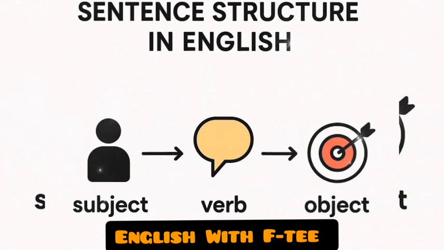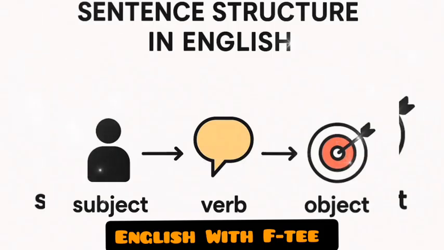Subject verb, SV. Subject verb object, SVO. Subject verb complement, SVC. Subject verb adjunct, SVA. Subject verb object complement, SVOC. Subject verb object adjunct, SVOA. Subject verb indirect object direct object, SVIODO. Adjunct subject verb complement, ASVC.